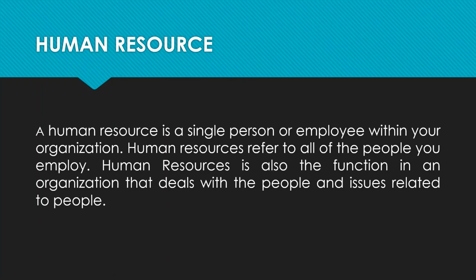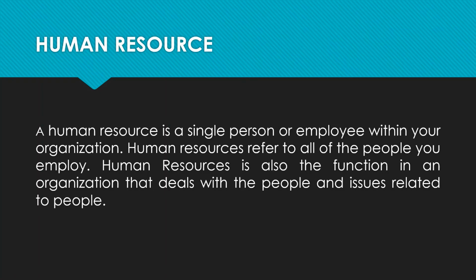They also represent the people whom you have recruited or employed. Human resource is also a function in an organization. They deal with the people and also try to solve the disputes or issues related to the people. That is known as human resource.